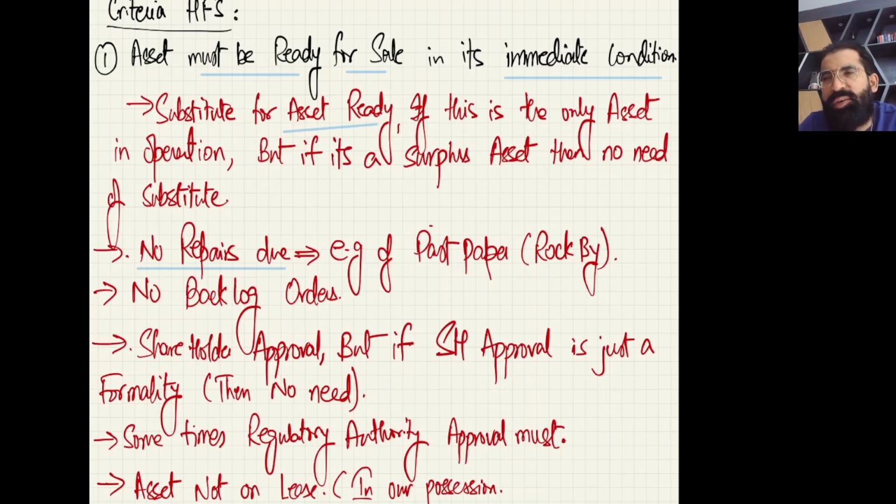But in the same question, it was written that before the year end there was some subsidence in the building. Subsidence is like some problem with leakage and so on in the walls. So it was written in the question that now we have to first repair this asset and then only can we sell it.